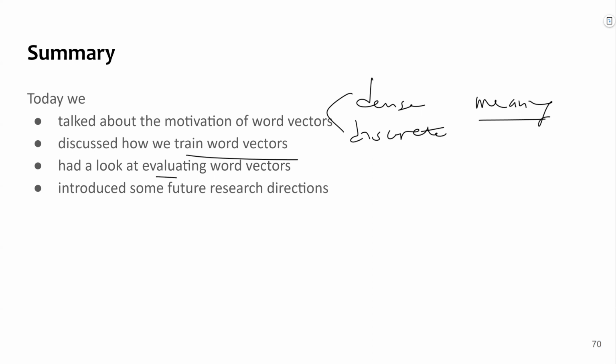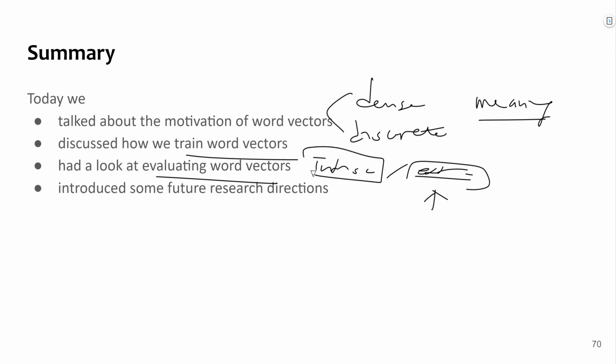And we had a look at how we evaluate word vectors. There were intrinsic versus extrinsic. It takes longer to implement extrinsic tasks. However, it is more intuitive. And intrinsic deals with sub and intermediate tasks. And we introduced some future research directions like word senses.